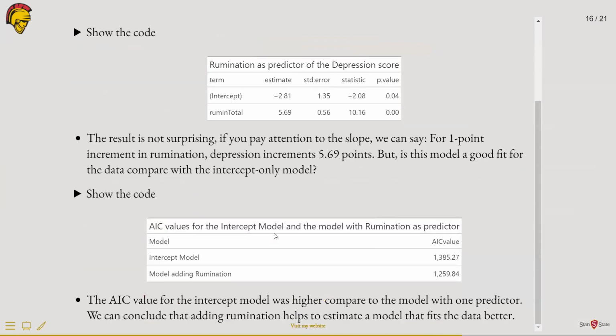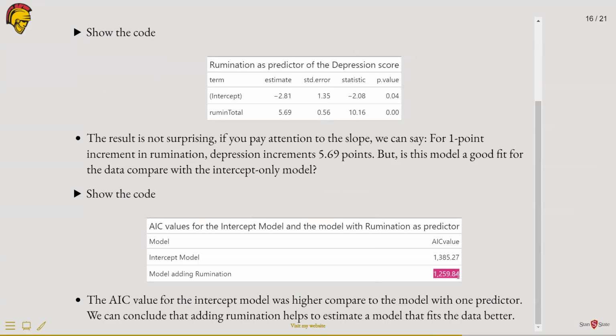And when I add rumination, look at the AIC value. The AIC value tends to decrease. It goes down when I add rumination. Without rumination, when it was only the mean, it was 1300 something, right? And now it's 1200 something. So that means that it goes down.